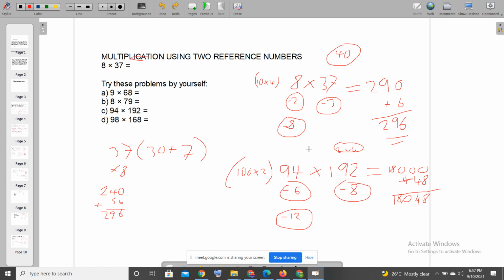No, it's not 4. It's plus, sorry. We are adding this to this, okay? So when we multiply negative 6 times negative 8 will give us positive. So it's plus. Okay, thank you.